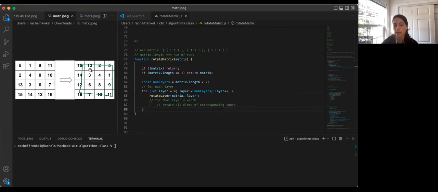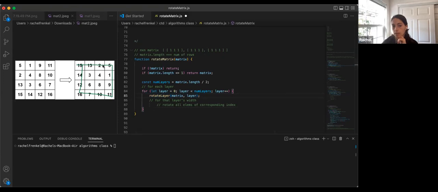Now go to the next layer. So the first layer, passing the matrix, and now the layer is 1. So it knows, okay, go in here and rotate the whole thing. If we had that function, this would solve the whole problem, because we're just trying to say, for each layer, rotate that layer. So this is going to tell us which layer in the matrix to rotate.